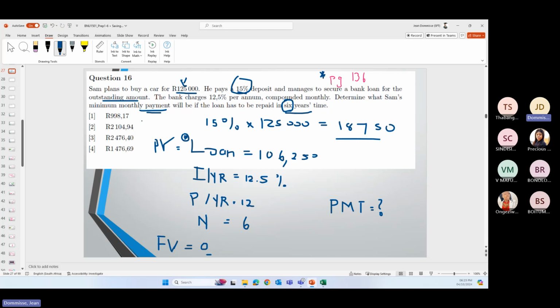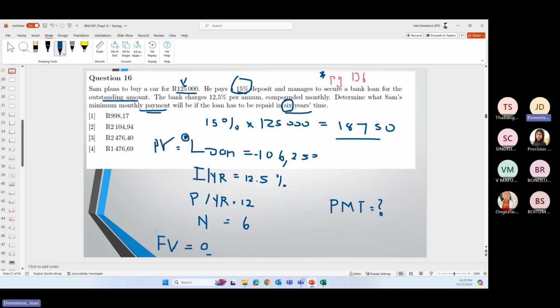Okay, so financial calculator first. My present value will be negative 106,250. I normally put in a future value of 0 just so that my calculator doesn't remember the previous question that I did, but if you set the clear all, that will also be fine.